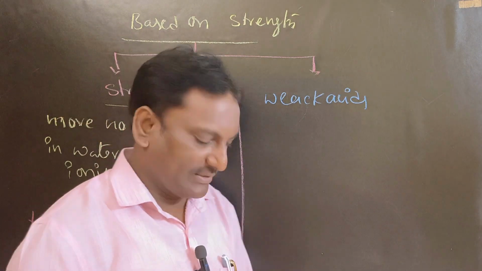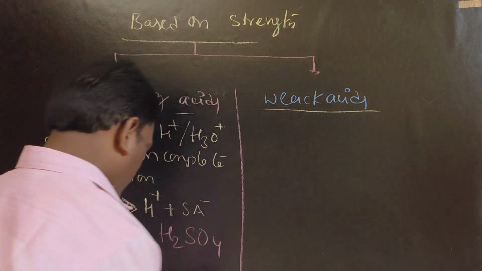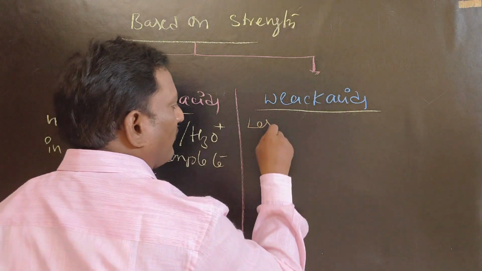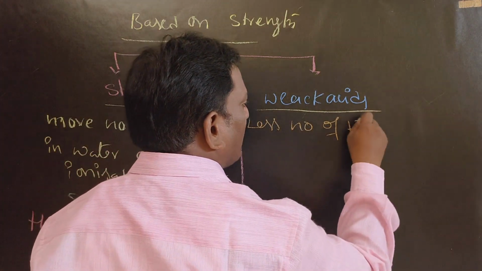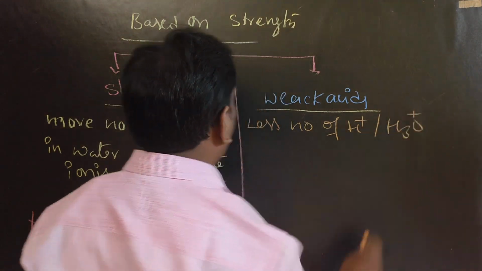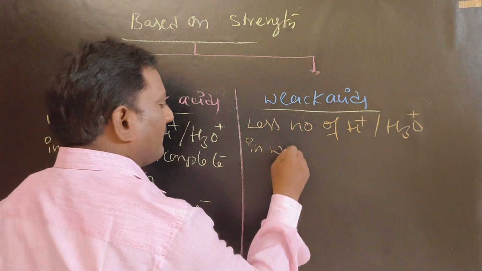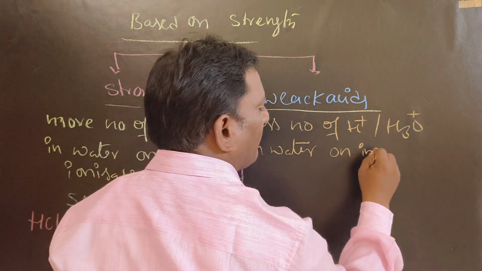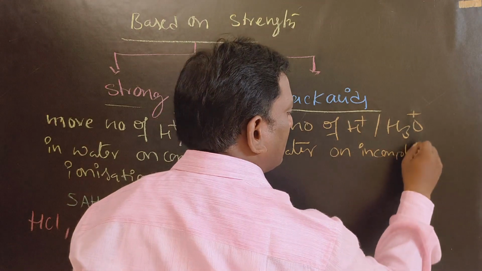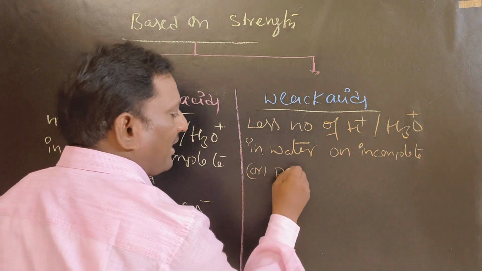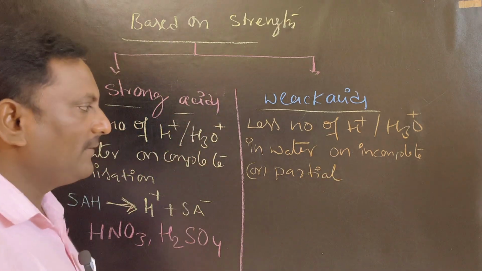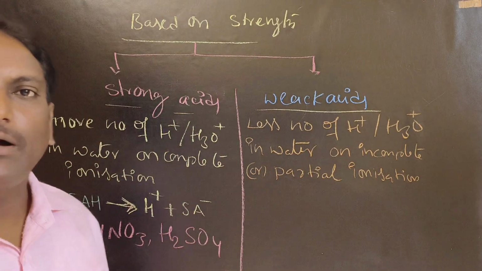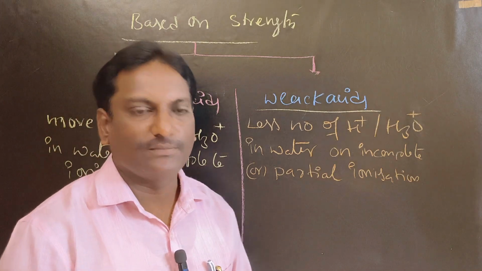Now let us have a talk regarding weak acids. Weak acid means those acids which are ready to produce very less number of H plus ions or hydronium ions in water on incomplete or partial ionization, not complete ionization.